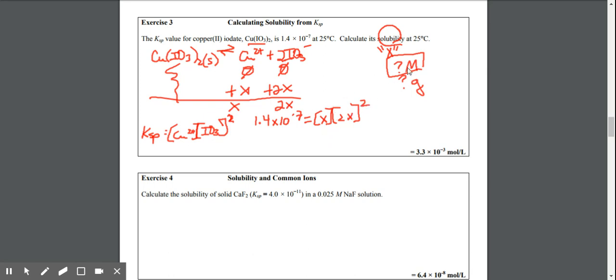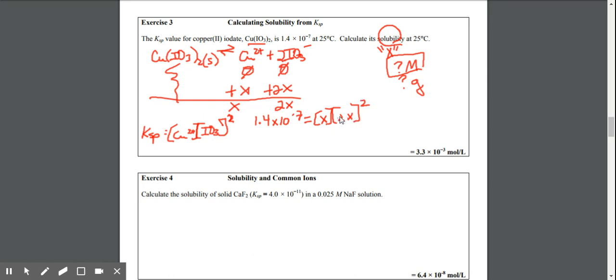So now I want to figure out what solubility is, so I'm going to solve for x. When I solve for x, because these are concentrations, my x value is going to be in terms of molarity already. So to solve for x, don't forget that you've got to follow correct order of operations and do all that good algebra.